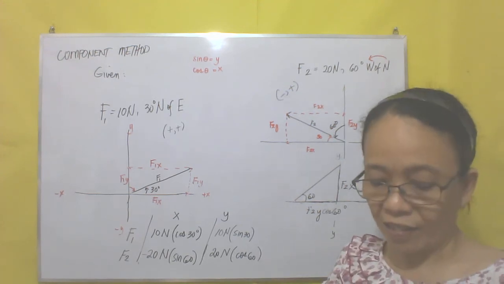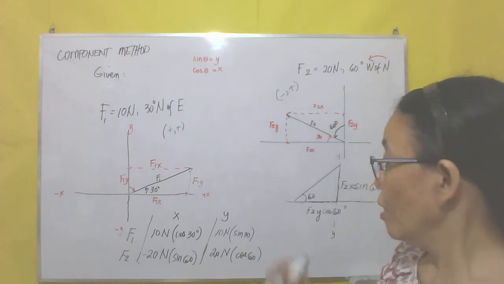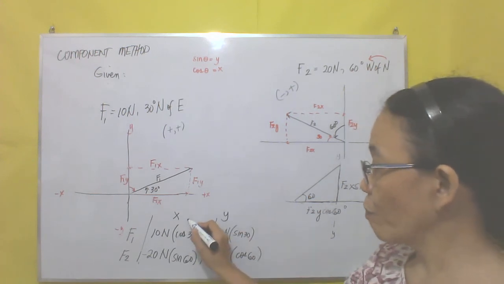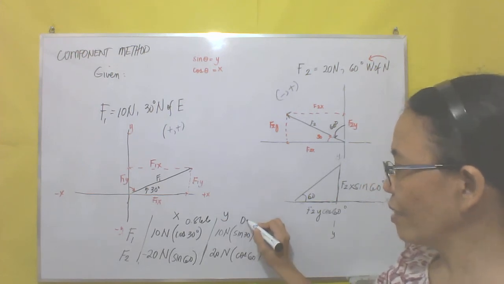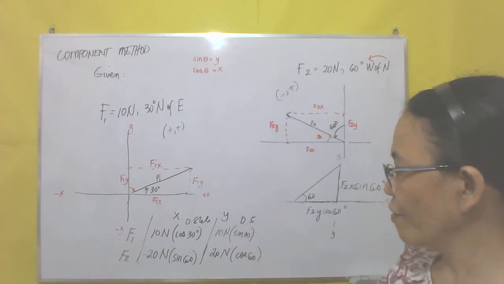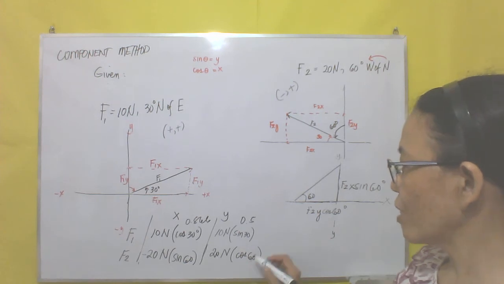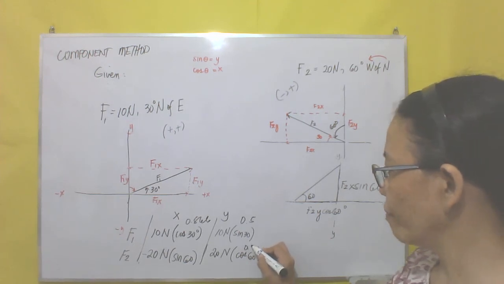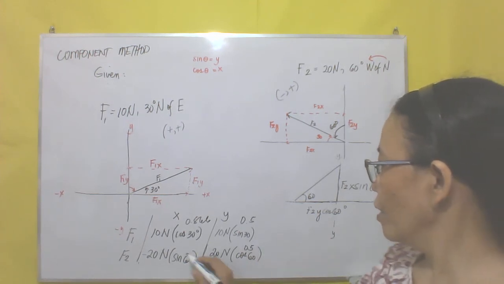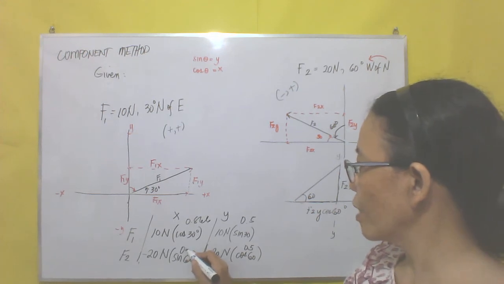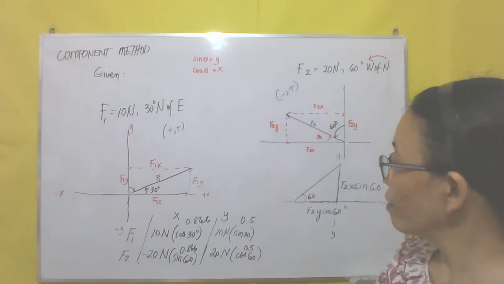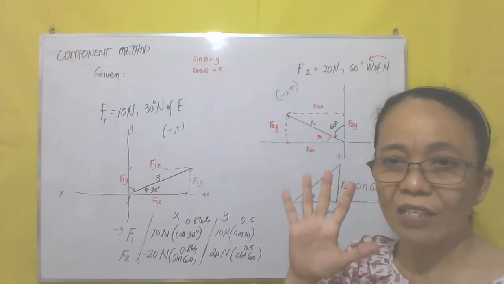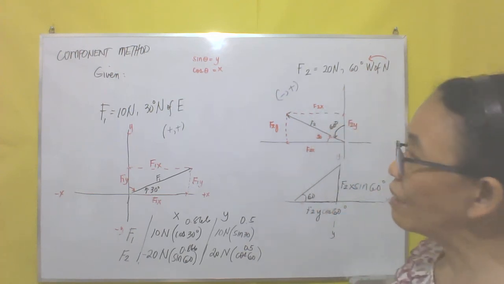You can now use that cosine 30 is 0.866, sine 30 is 0.5, cosine 60 is 0.5, sine 60 is 0.866. Okay, no more questions.